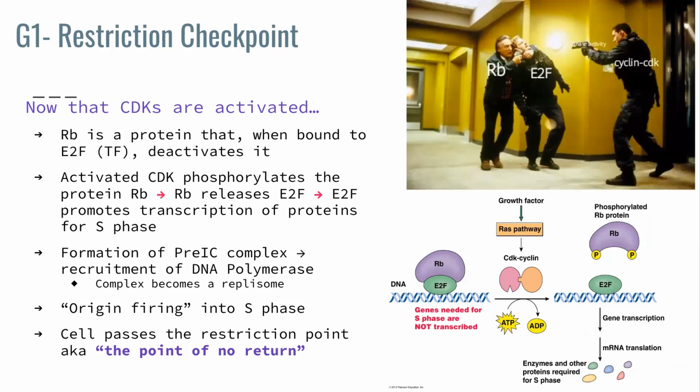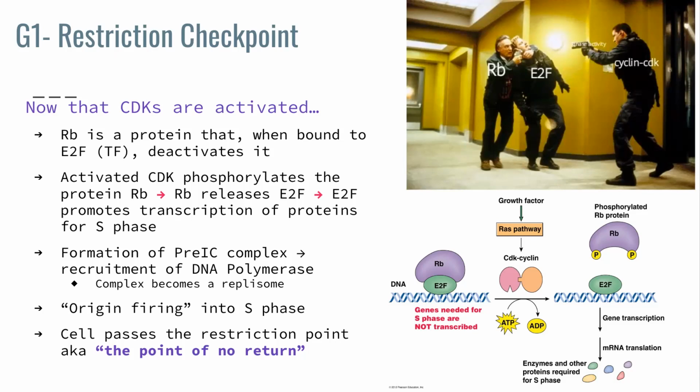Okay, so now that CDKs are activated, getting into the restriction point, RB is a protein that when bound to E2F, which is a transcription factor, E2F is deactivated. So once we have activated CDKs, those can phosphorylate RB, which causes it to let go of E2F.